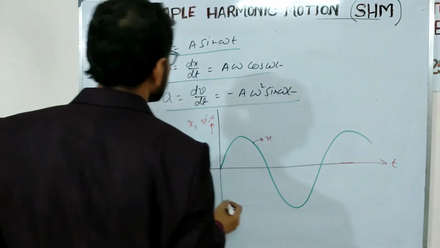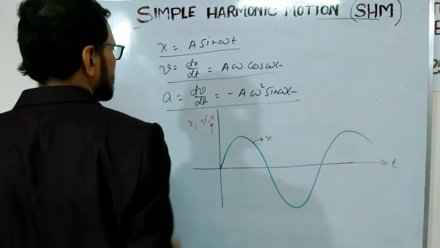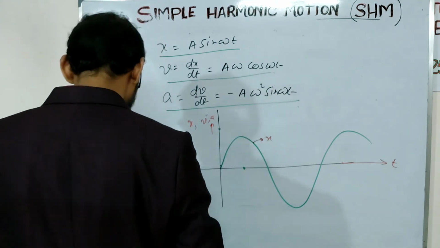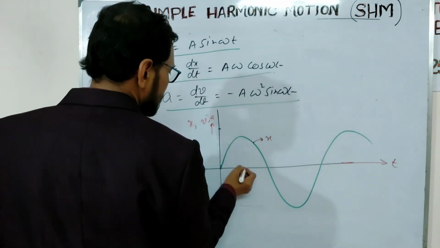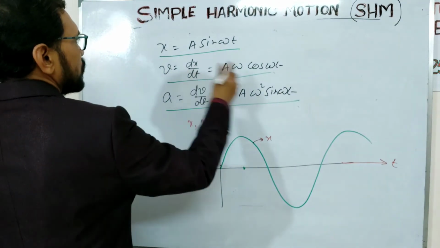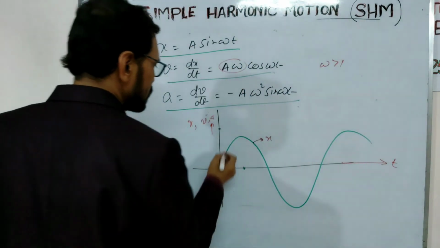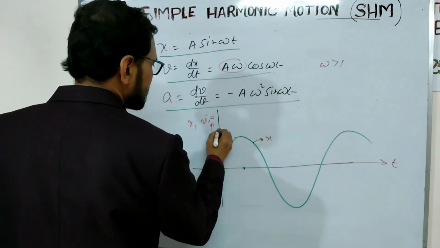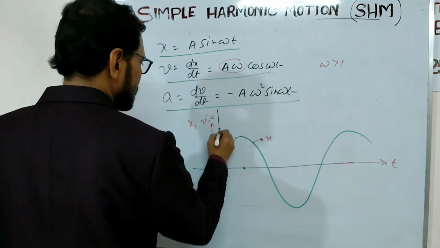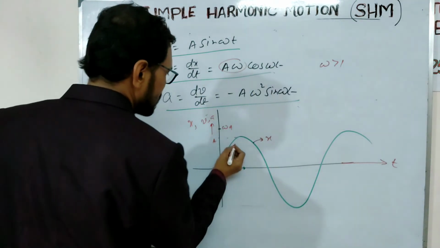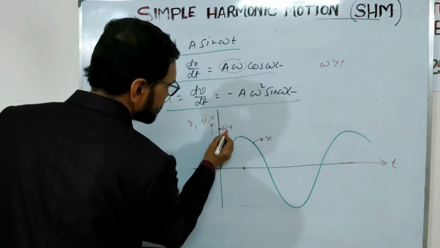Here the amplitude is a and omega is multiplied. If omega is greater than 1, then this amplitude is greater than a. So this is amplitude a, and this is omega a. The amplitude of velocity is omega a. So the graph will be this way.